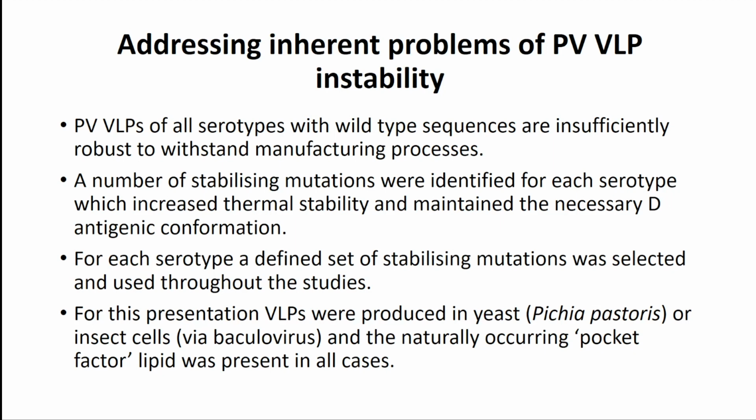So the first part of our consortium's activities was to identify ways of introducing mutations into the capsid sequences that will give a more stable, antigenically stable capsid particle without disrupting any of the antigenic sites.